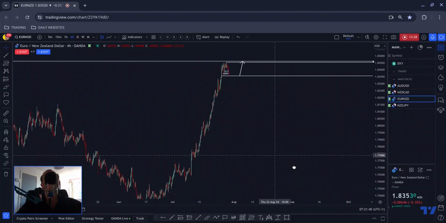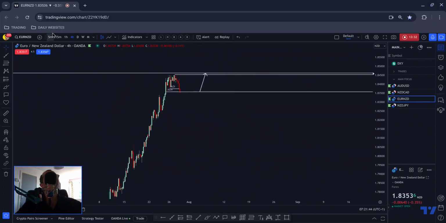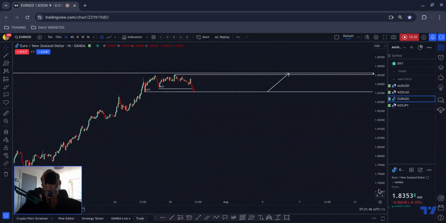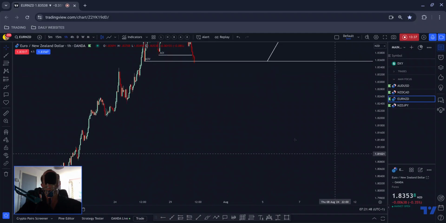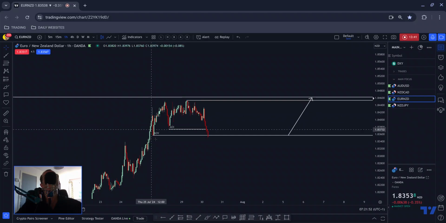So what I'm looking for here is the following, okay? So we've had the near miss to that area of value. You can see that we have the sharp move down followed by the sharp move up, and we near missed to it, okay?